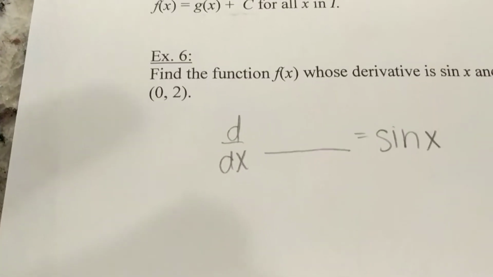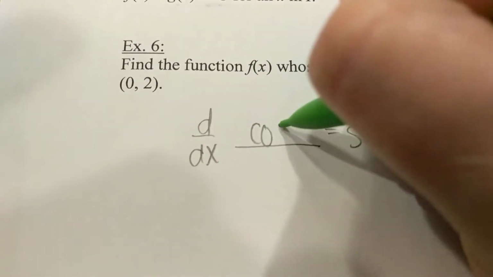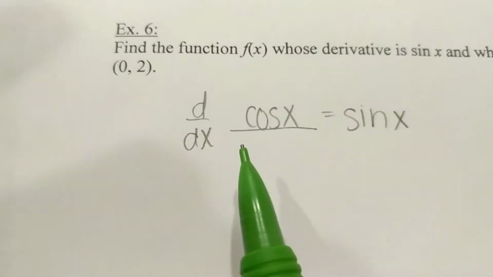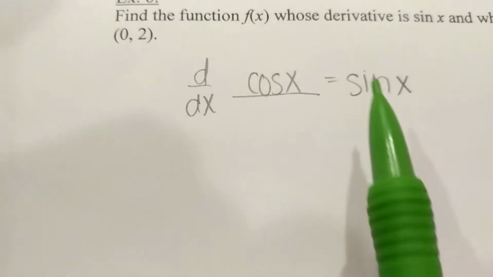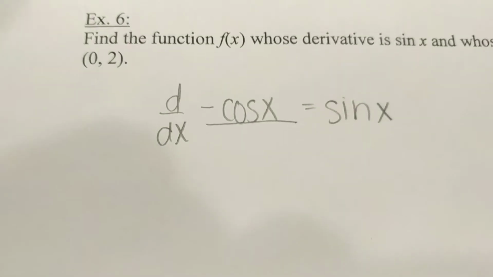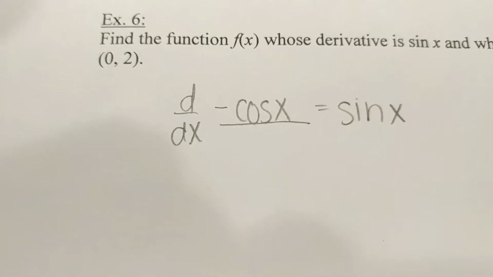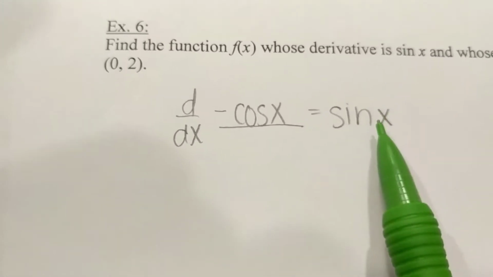And so you have to kind of make your brain go backwards. You know it's going to be some version of cosine of x, but you know the derivative of cosine of x is negative sine. So in order to get a positive sine of x, we have to make this negative cosine of x. So negative cosine of x gives us sine of x.